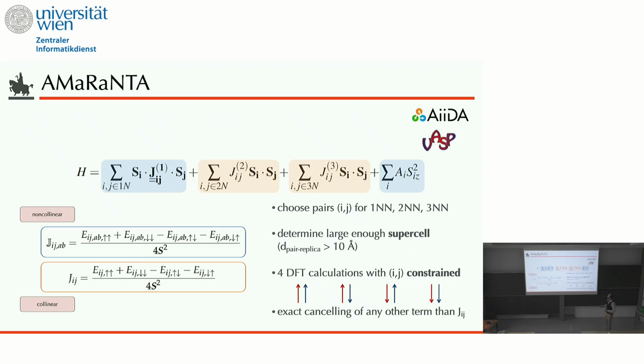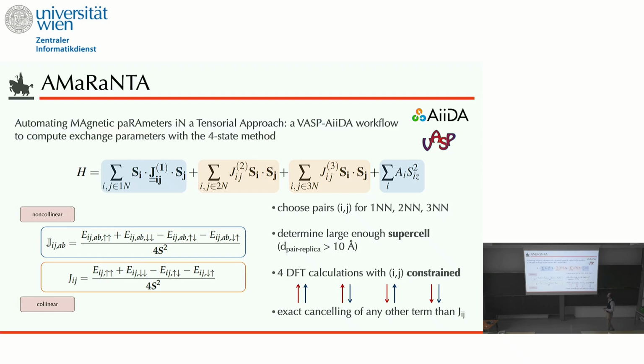And a possible approach would be an AiiDA workflow that we've been developing together with Silvia Picozzi's group, called Amaranta. That is indeed a workflow based on AiiDA, but this time combined with VASP instead of Quantum ESPRESSO to compute exchange parameters in a way slightly different from the one discussed before, what is called the four-state method.